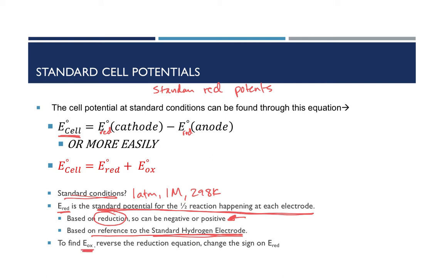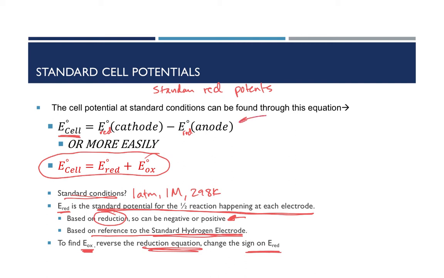Reduction is just the opposite of oxidation. So if we want to find the standard oxidation potential of something, we just reverse the reduction equation and change the sign on the reduction potential. That makes it easier for us at the end to just add the reduction potential and the oxidation potential, because all we need to do is figure out what's being reduced and what's being oxidized, make the signs correct, and then add those things together.